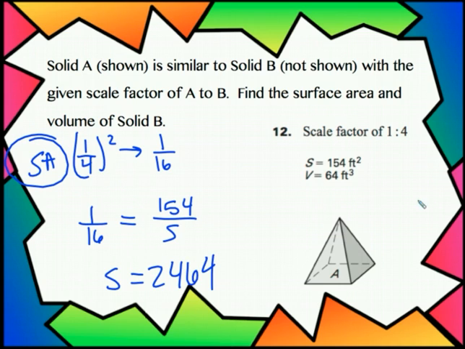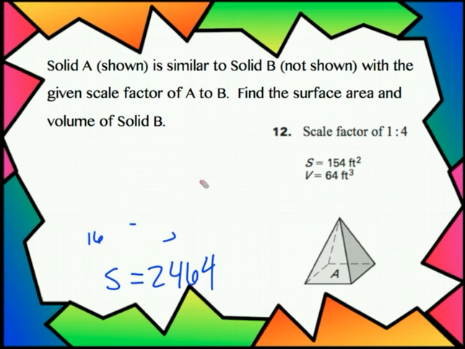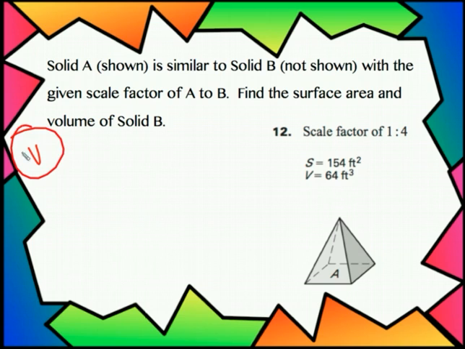I'm going to erase it, so pause it if you want it. Let's switch colors for fun. So for volume, you do 1 over 4, the scale factor, cubed, which should be 1 over 64?